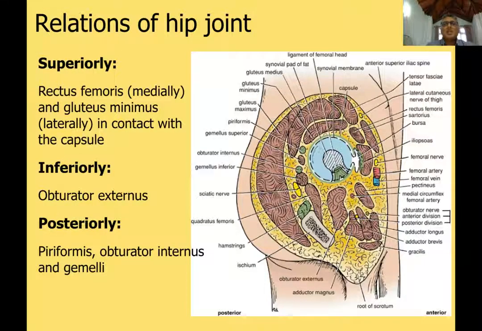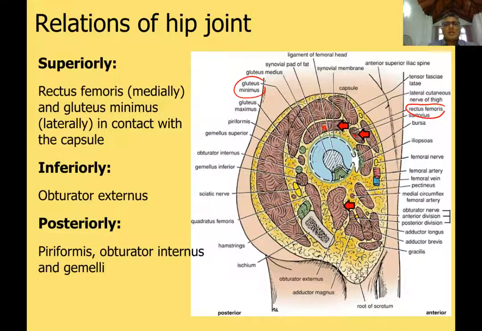Then other relations of the hip joint. This is a coronal section of the hip joint. In this section you can see, superior to the joint capsule, lies the rectus femoris. This is rectus femoris muscle, and this is gluteus minimus. One is medial, the other lateral, further above and medial, above and lateral.